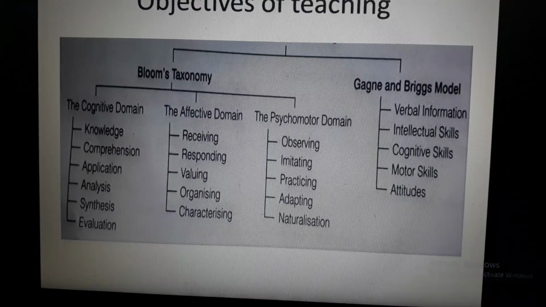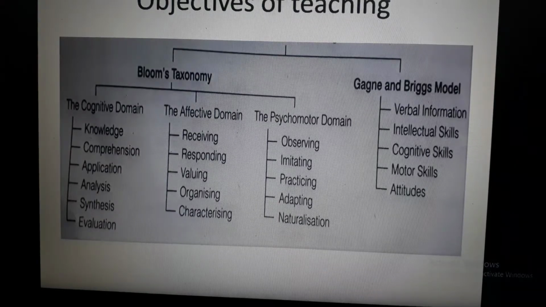So the cognitive domain, from the start, let us remind again: the knowledge part is where the senses take in the basic concepts, and in comprehension these concepts are understood by comparing, translating, interpreting, etc. And this understood knowledge is then applied in the third level, application.